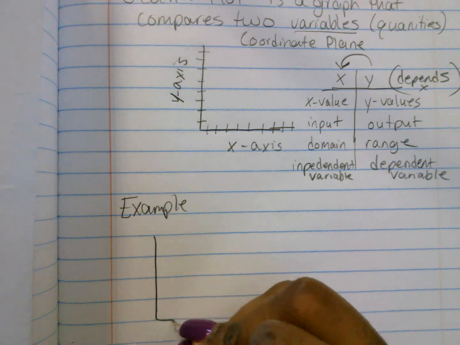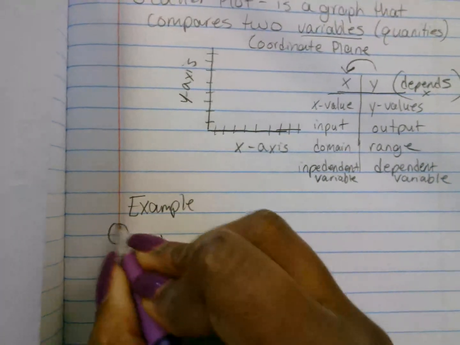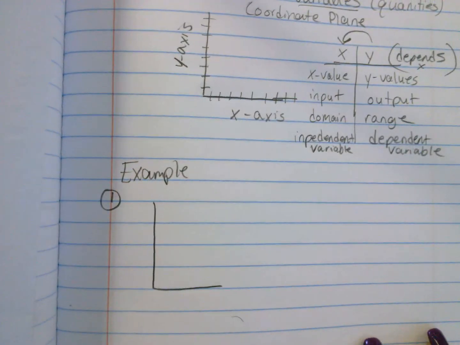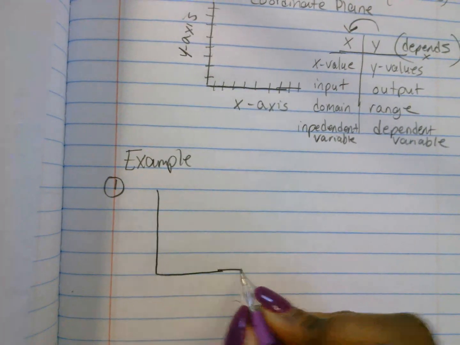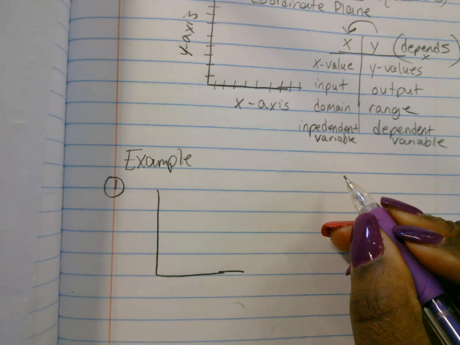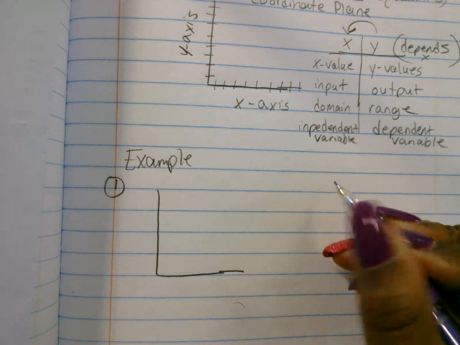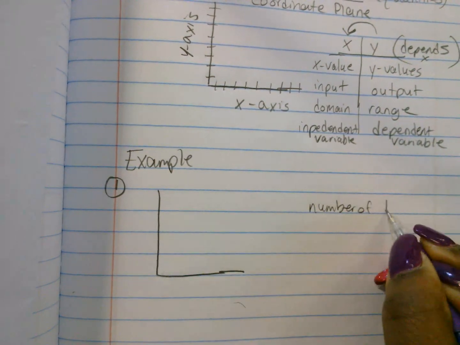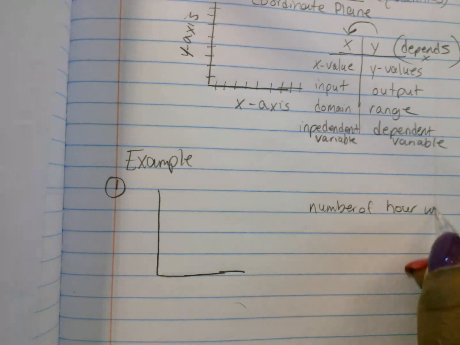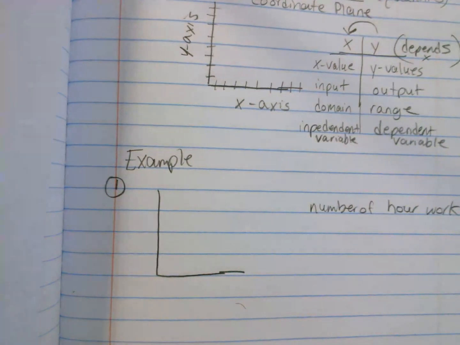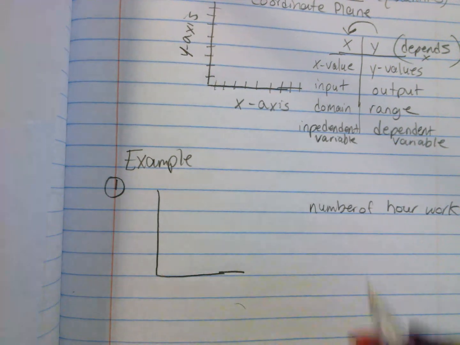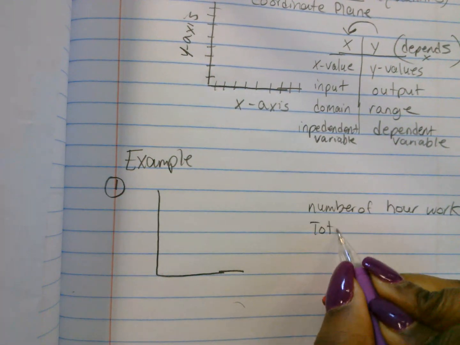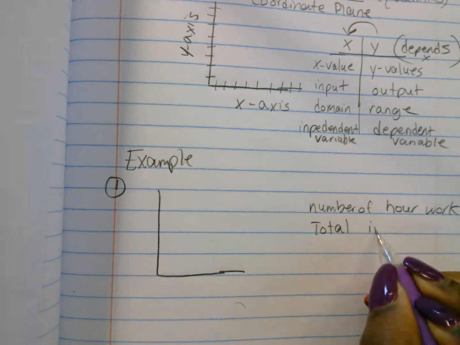In our first example of an independent dependent relationship, the number of hours that you work, that's one variable, and the total amount of money that you make, total income.